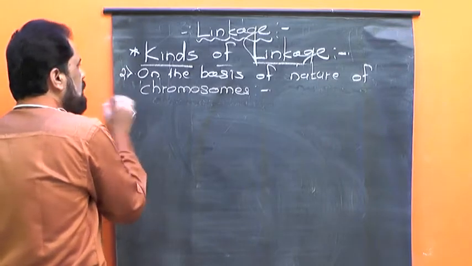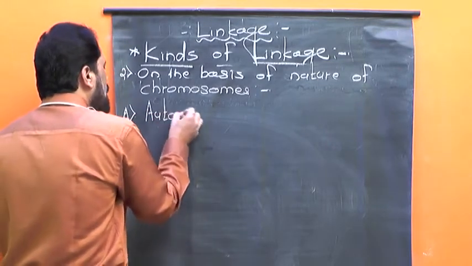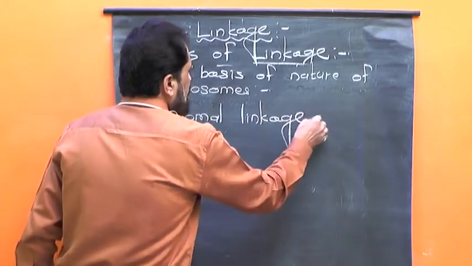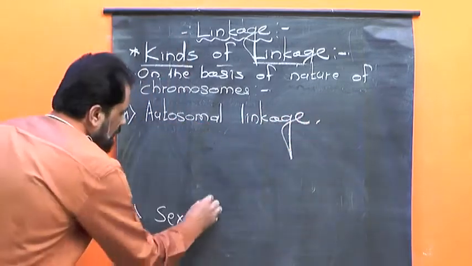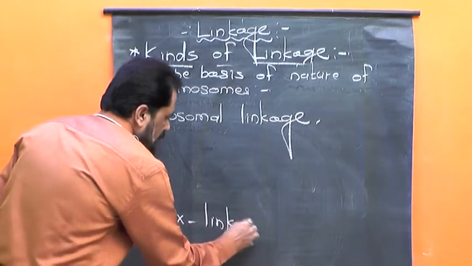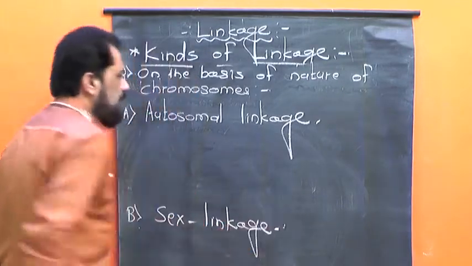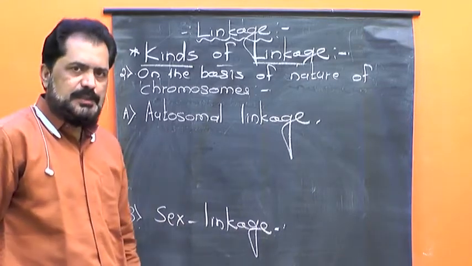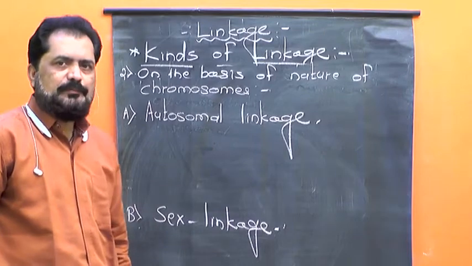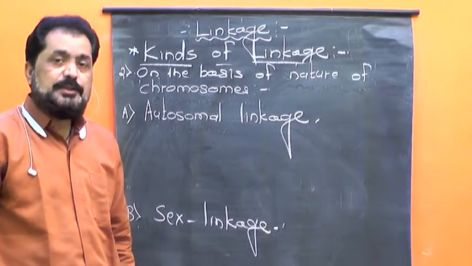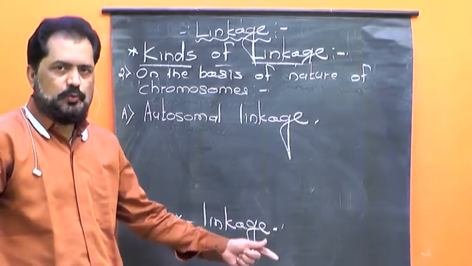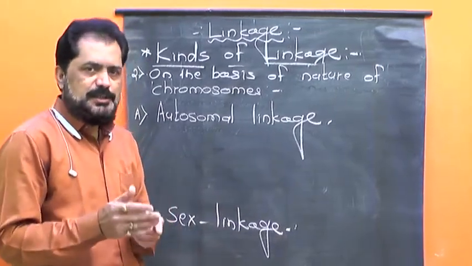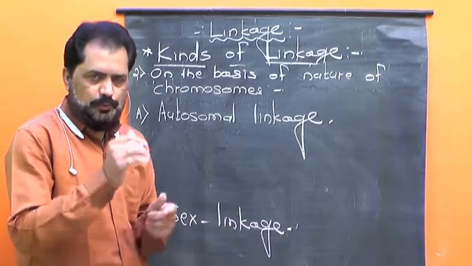There are two types such as autosomal linkage and sex linkage. Listen, autosomal linkage means it is the type of linkage shown by the genes present on autosomes.